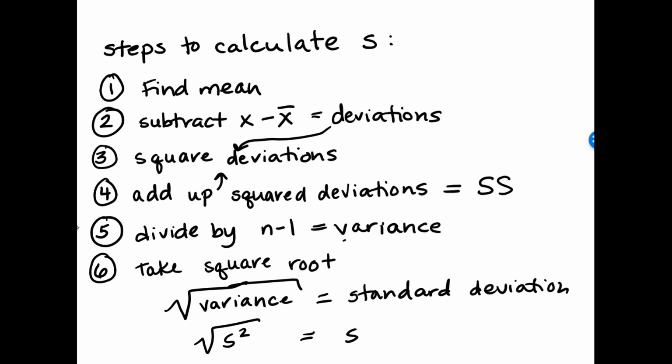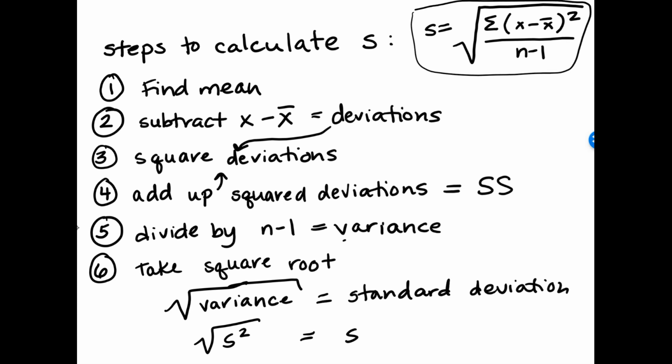The full formula for standard deviation is the square root of the sum of deviations squared divided by n minus 1.